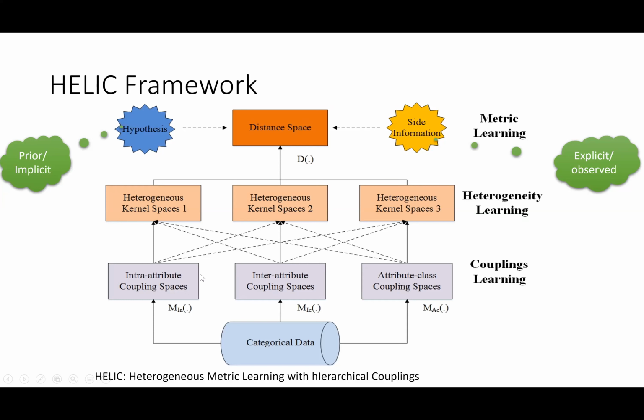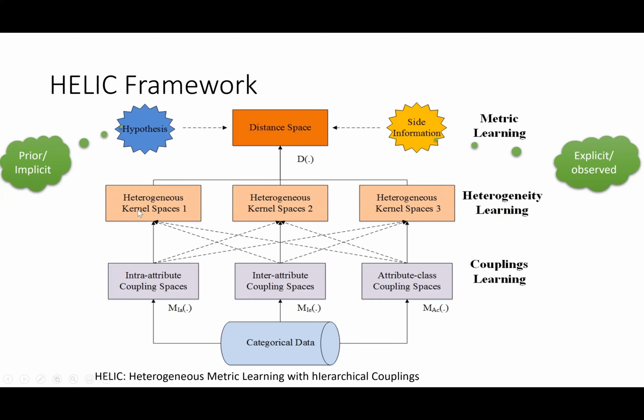Here we focus on the kernel method. I use the kernel method because that satisfies the matrix properties, and that makes it easy for us in the distance learning. And then we have the heterogeneous kernel space for the inter-attribute and attribute-class couplings.